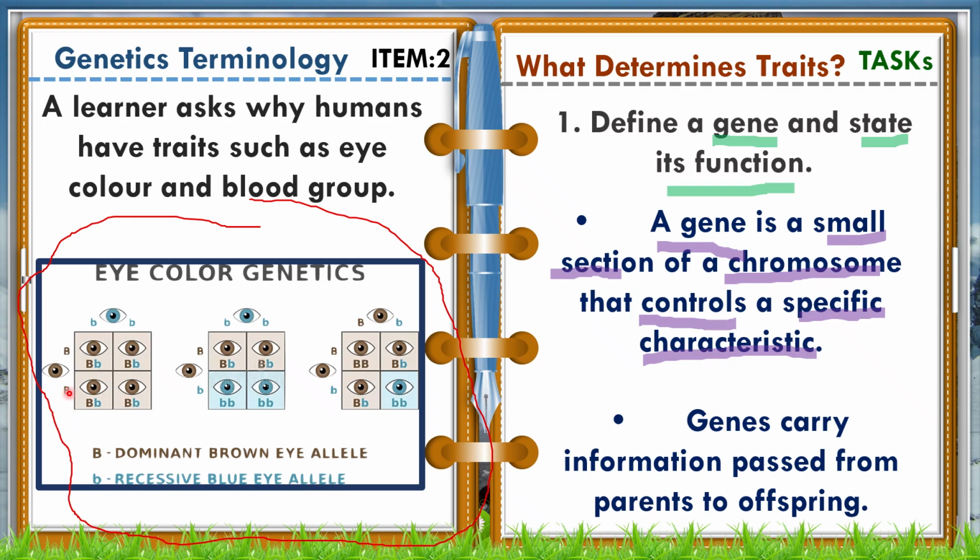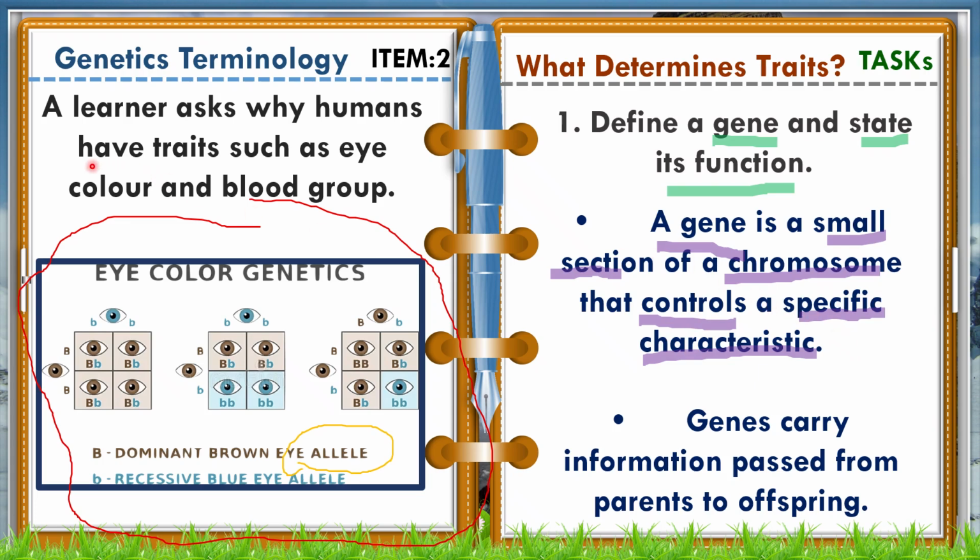And then capital B, those are dominant brown eye alleles. What we call an allele is a form of a gene that is carried on a chromosome, and that allele controls a specific characteristic.